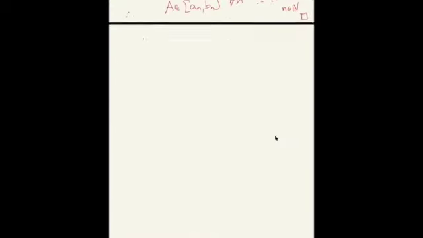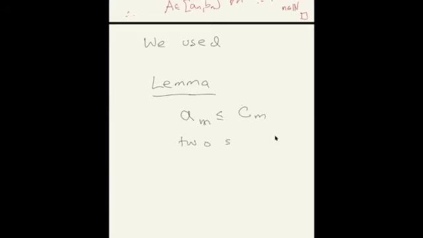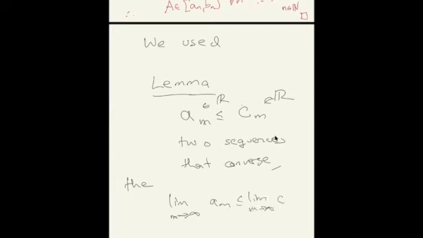So what I'm using here is a lemma that if I have two sequences, AM and CM, that converge, and these are all real numbers, then you can show that the limit as m goes to infinity of AM is less than or equal to the limit as m goes to infinity of CM.